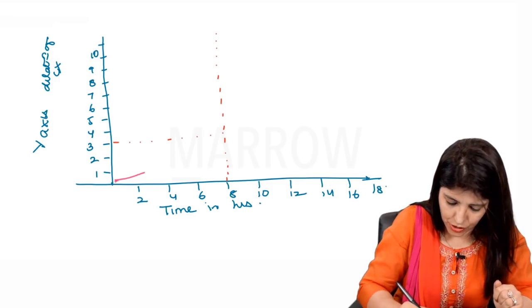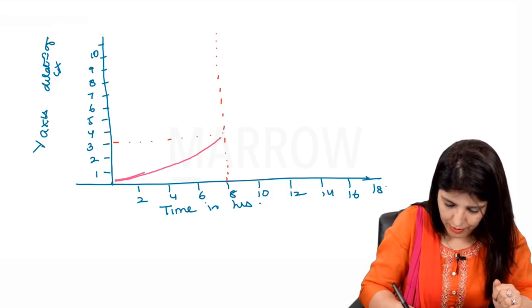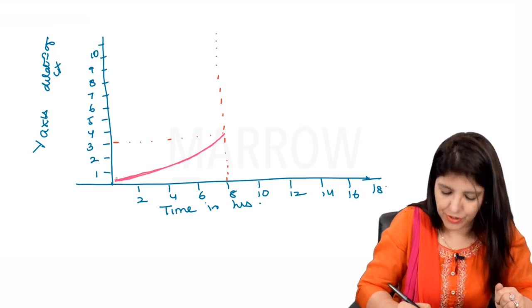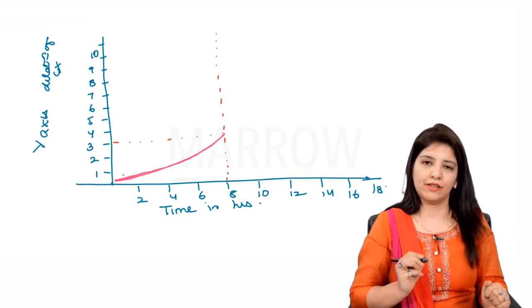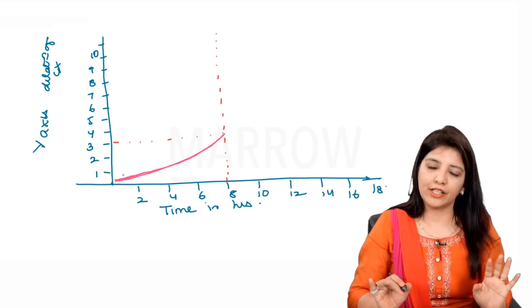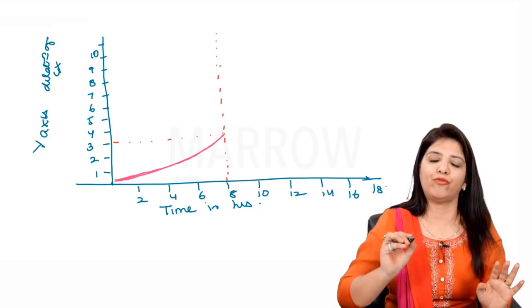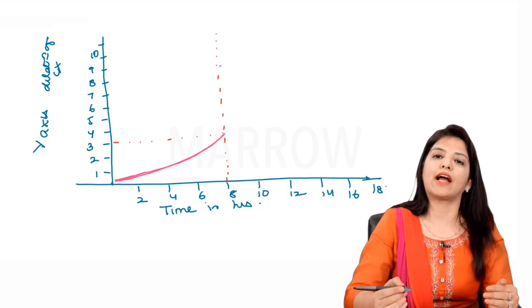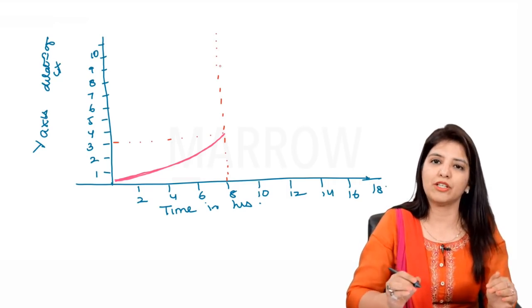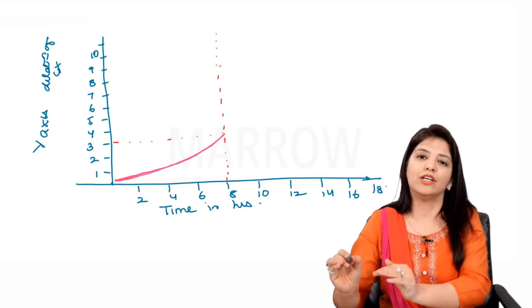Now, this over here is your line representing latent phase, right? And latent phase is said to be prolonged if it is more than 8 hours. So I have drawn a dotted line from 8 hours. And he said that active phase will begin at 3 centimeters. So I have drawn a dotted line at 3 centimeters.